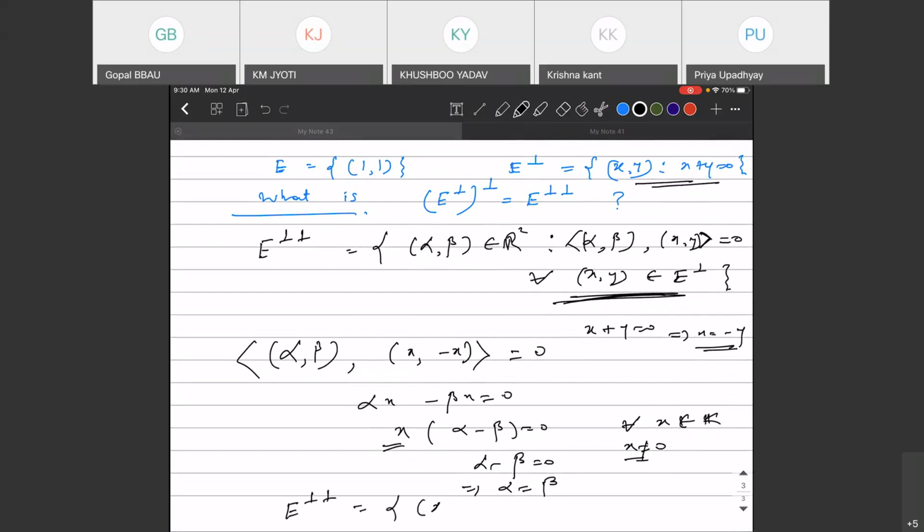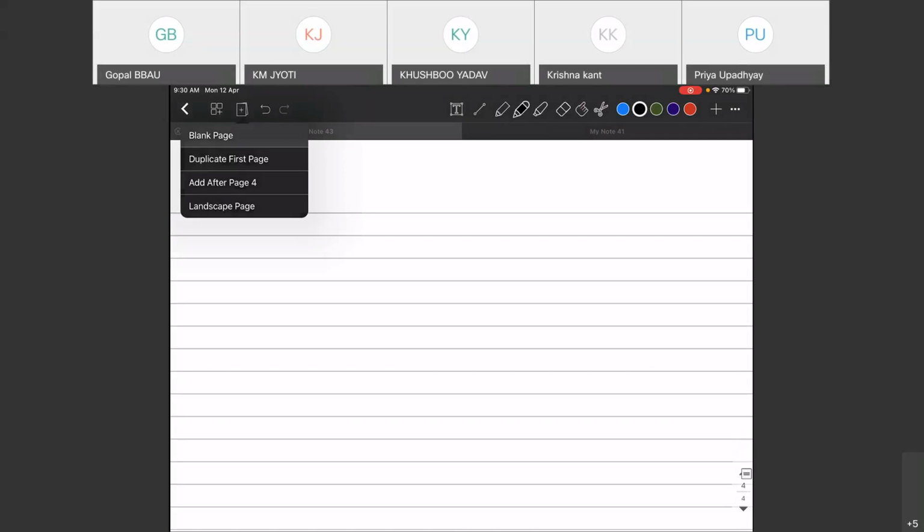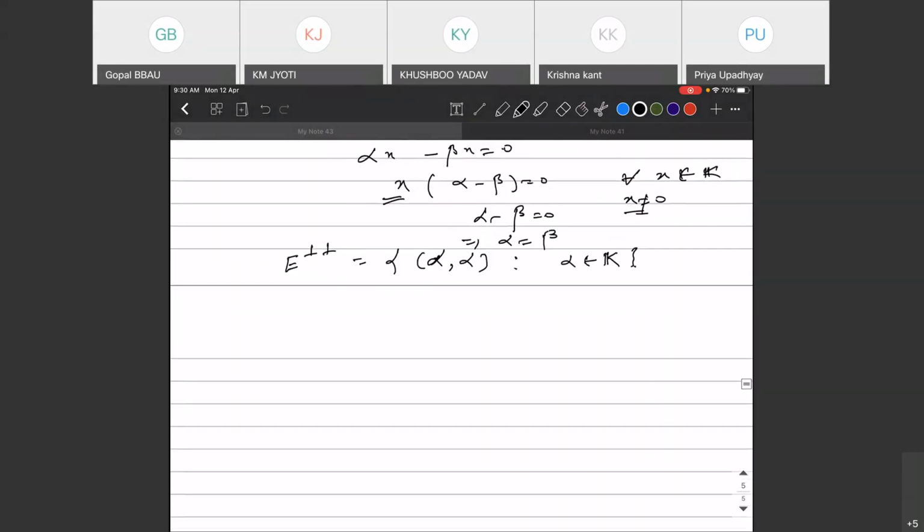This is (alpha, alpha) where alpha comes from K, and you all know what this subspace is. It is nothing but this line x minus y equal to 0.